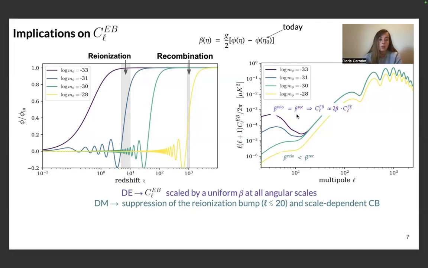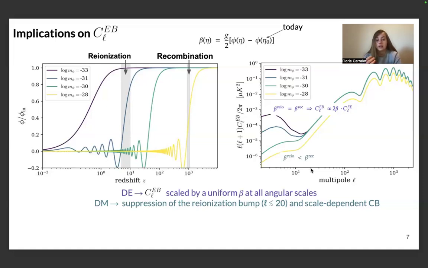On the other hand, when we consider higher axion masses, like in these blue curves, we see that the axion field evolves during or even earlier than the reionization epoch, and this leads to a smaller cosmic birefringence angle at reionization than at recombination. So reionization is for multipoles smaller than 20.